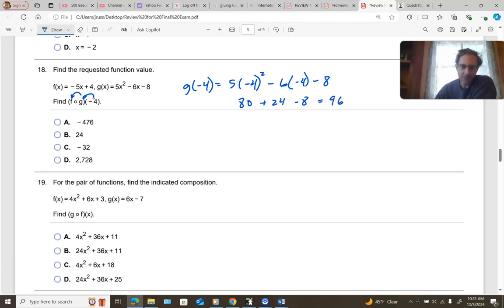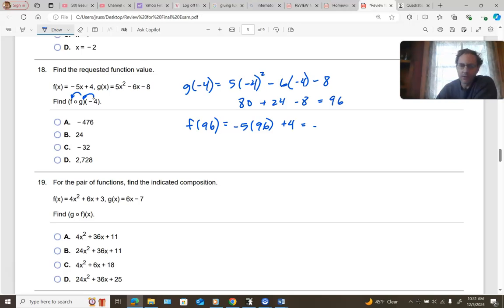And now what I got to do is plug that into F. Okay, so F is -5 times 96 plus 4. Okay, so now, what's that going to be? I think -270 plus 4, so negative... Oh, no, I'm wrong about that.